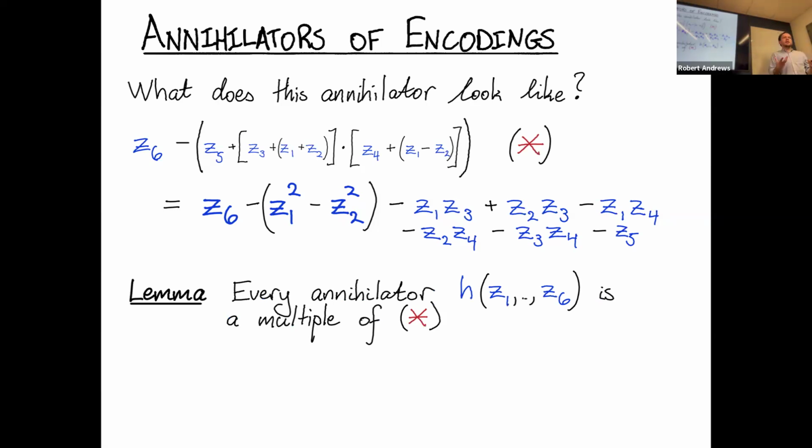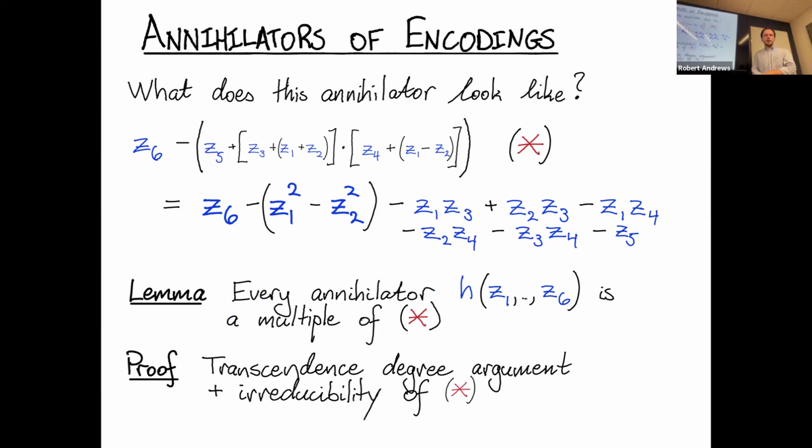So there's a lot of nice structure here that you can understand that you don't always have in the Boolean setting. If you care about the proof, it says something about transcendence degree. It uses the fact that this polynomial is irreducible. But I don't think you all want to sit through algebra class more than what this talk already is.